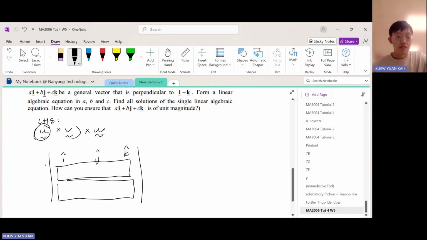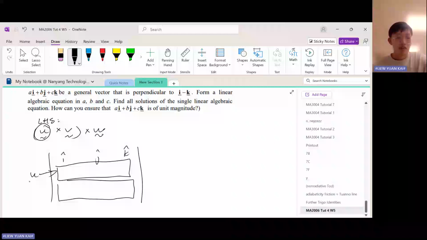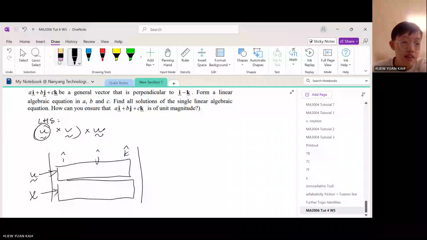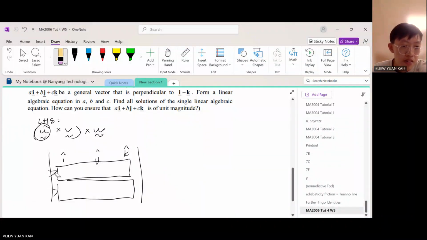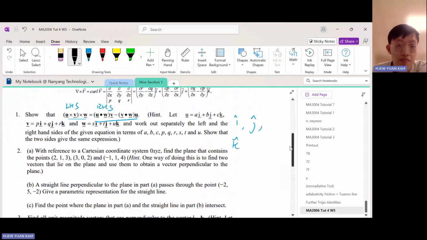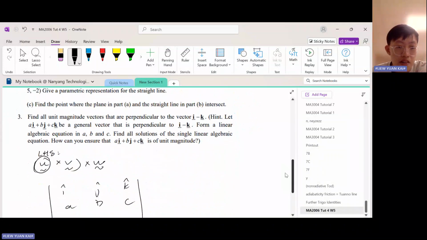It cannot be the other way around. So the components of u are a, b, c, and the components of v are p, q, r.